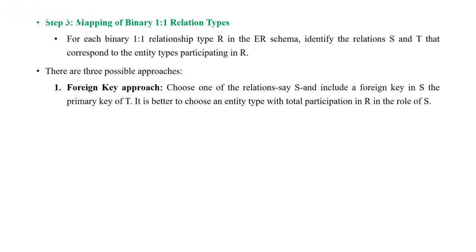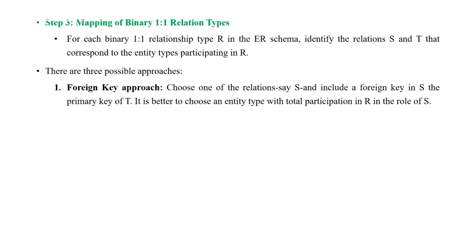It is better to choose the entity type with total participation in relation R to play the role of S, that is, the entity type that holds the foreign key constraint.